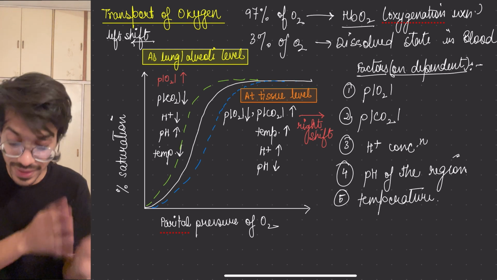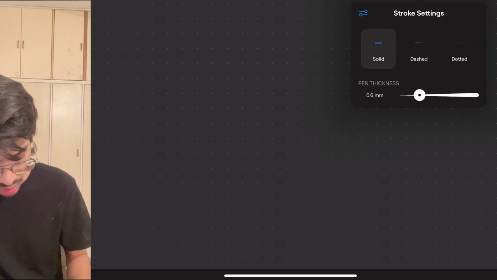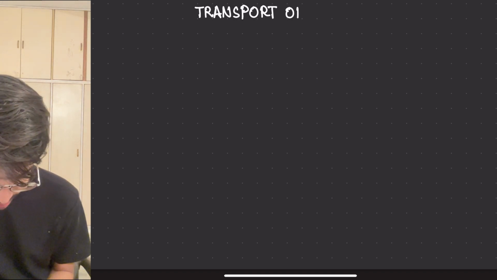Coming up to the next one, that is the transport of carbon dioxide. In this you have to remember that carbon dioxide is transported by 3 ways. Oxygen by 2 ways, carbon dioxide by 3 ways.